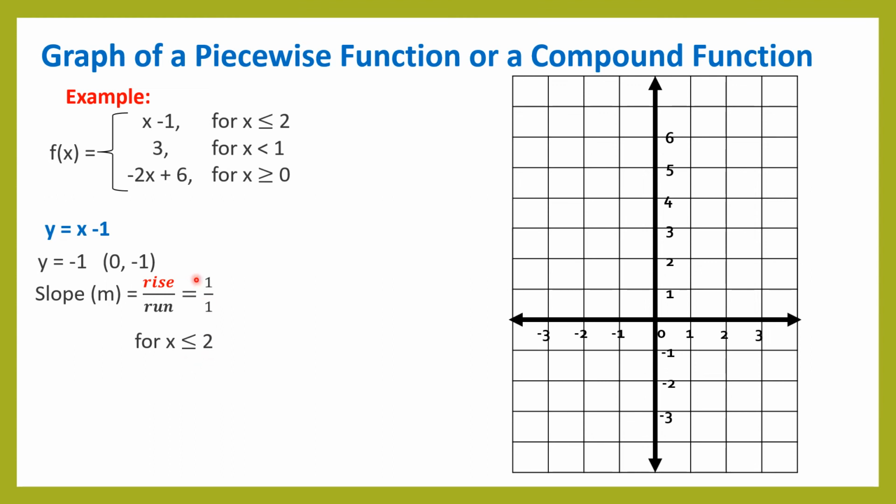So, graph natin. Unahin natin ang isang ordered pair, 0, negative 1. So, nandito siya. Then, sunod yung slope natin, rise over run. Magra-rise tayo ng isa, magra-run tayo ng isa. So, nandito. Same din dito. Then, sunod dito. Then, sa baba, dito siya. Then, ang condition natin ay less than or equal to 2.